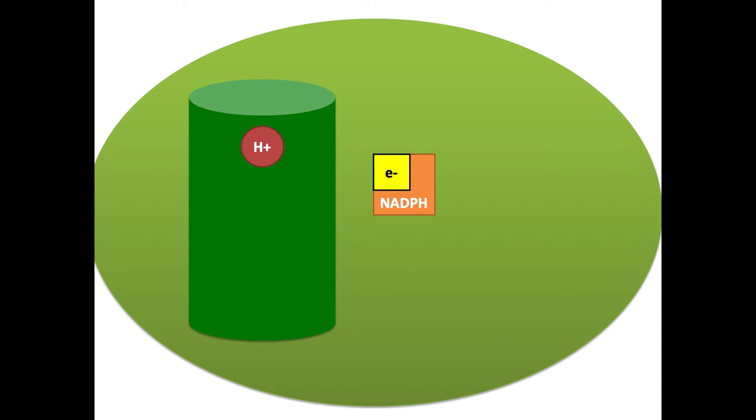Now we need our ATP. Now we need our energy, and that's where the hydrogen is going to come in. Hydrogen is used to power the production of ATP from ADP and inorganic phosphate. This is done through the use of a hydrogen concentration gradient and the use of ATP synthase.